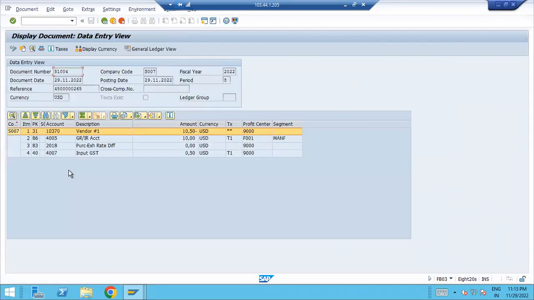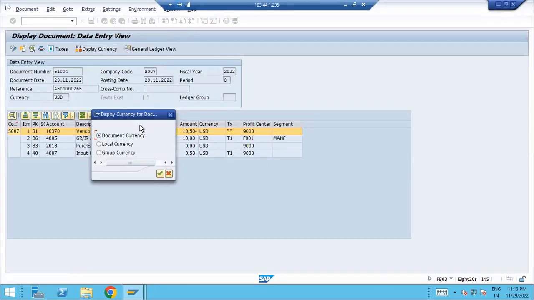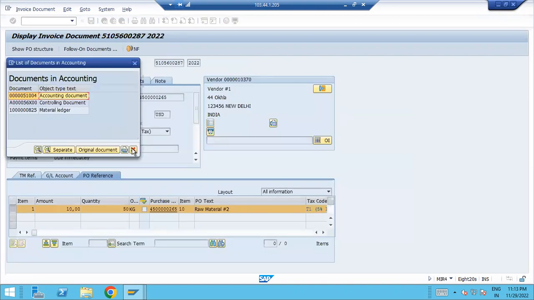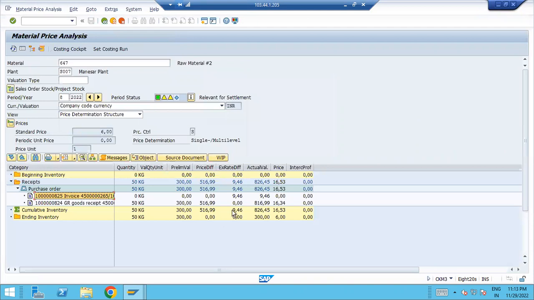This is our vendor invoice, and here also it is in USD. Check in local currency, and here also we captured the difference, but this difference is your 9.46, and that is also recorded in our material ledger. 9.46 with reference to the invoice.